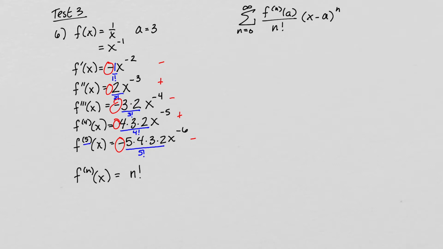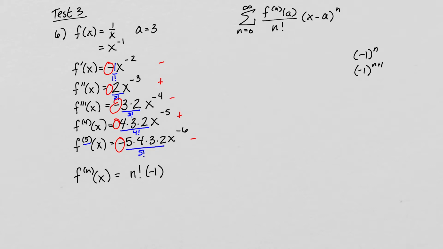So as soon as you have it's alternating negative, positive, or positive, negative, it means you have negative 1 to some power, and you just have to figure out what that power is. Generally, the power is always either negative 1 to the n, or negative 1 to the n plus 1. We just have to figure out which one it's going to be.